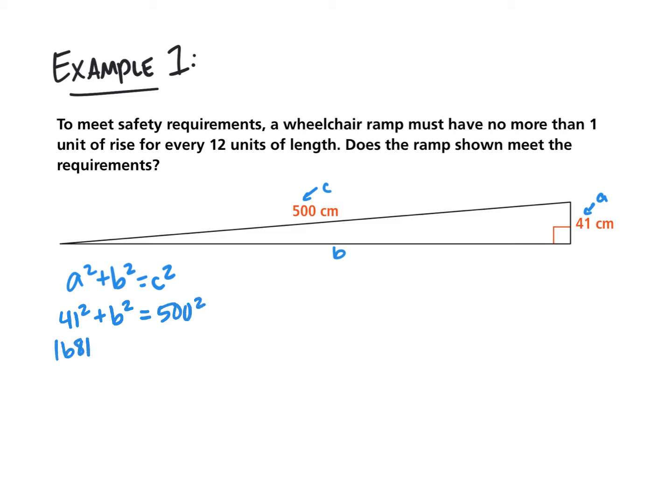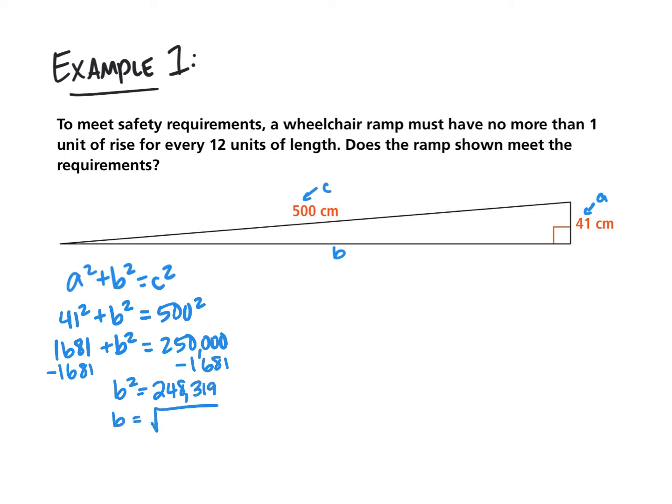And then if I simplify, I have 1,681 plus b squared equals 250,000. And then I'm going to subtract 1,681 from both sides. b squared is going to give me then 248,319.